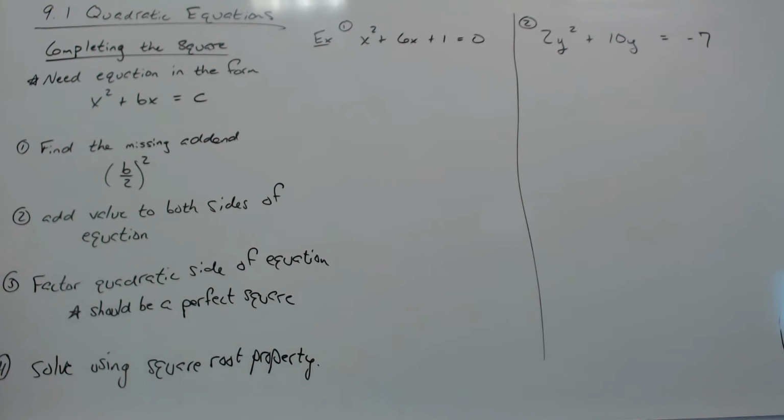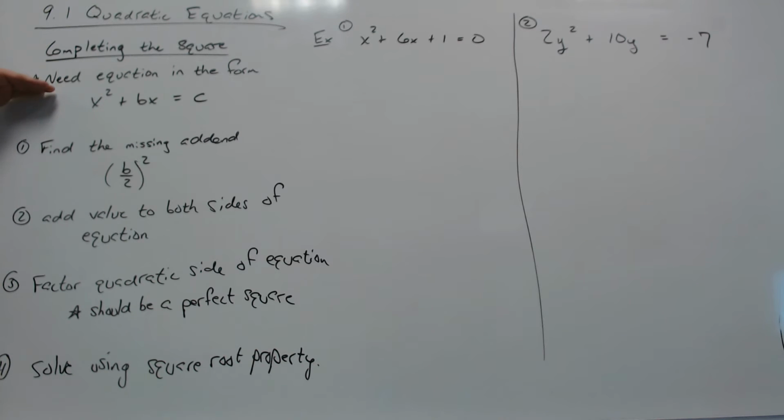Okay, so this goes back to what we just learned. So it's a few additional steps to set up the problem to use the square root property. All right, so let's do two of these problems pretty quickly, and let's follow these steps if we need to take them.